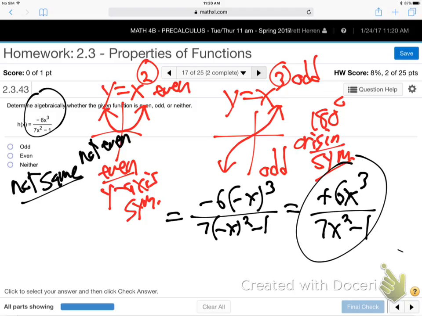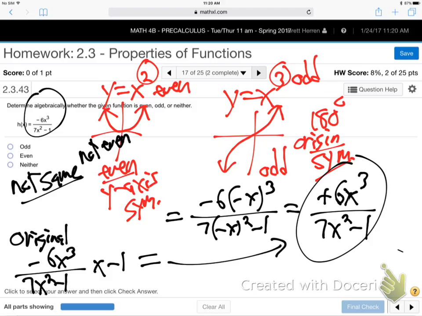But the original, which is negative 6x cubed over 7x squared minus 1, is it the original times negative 1? Will that become that? That's the question, right? Those are the two tests. Is it exactly the same as the original? That would be even. No. Well, then is it the original times negative 1? That would be odd.